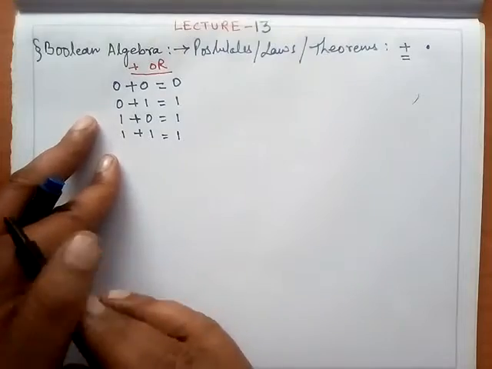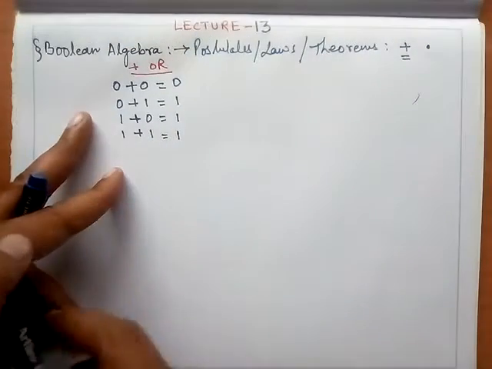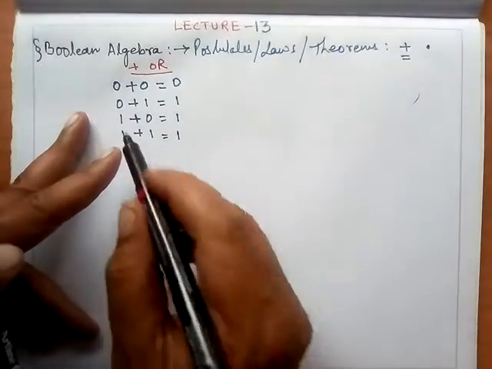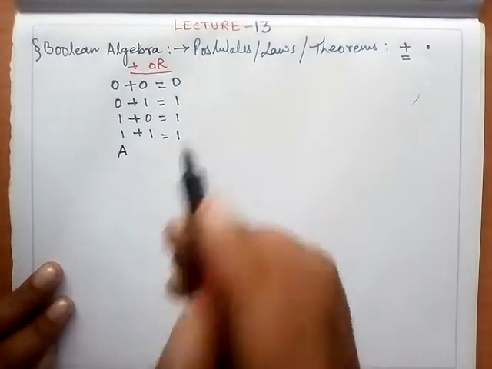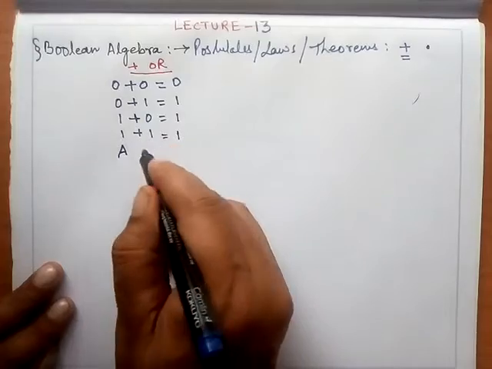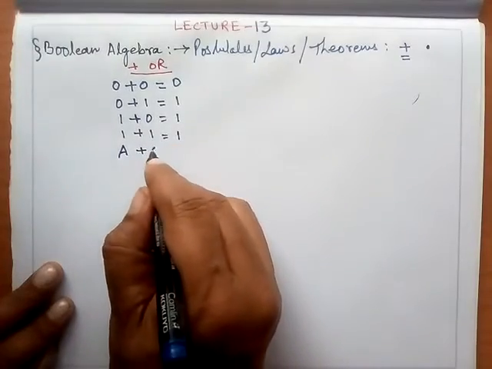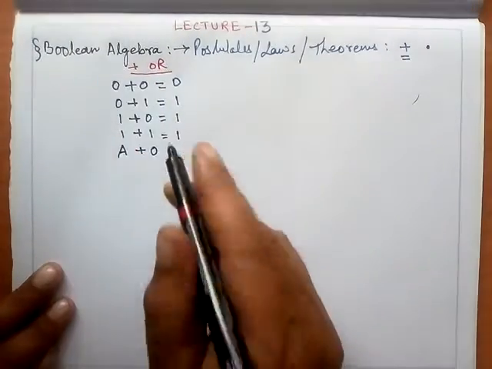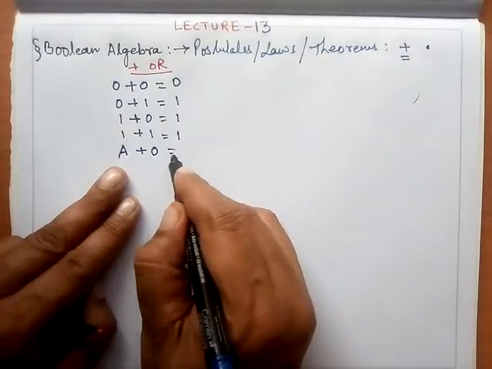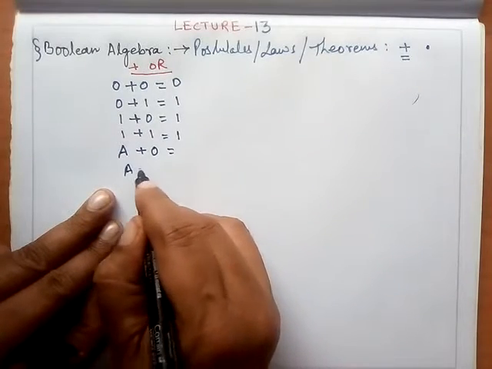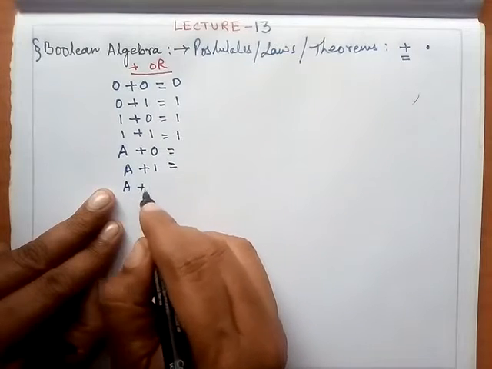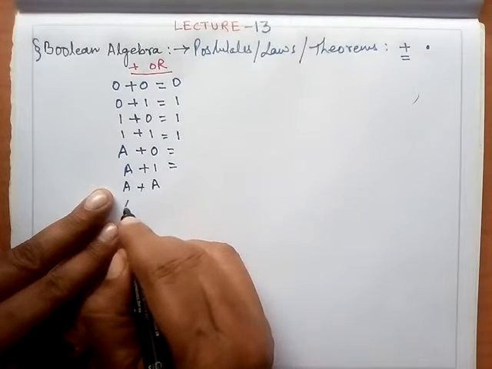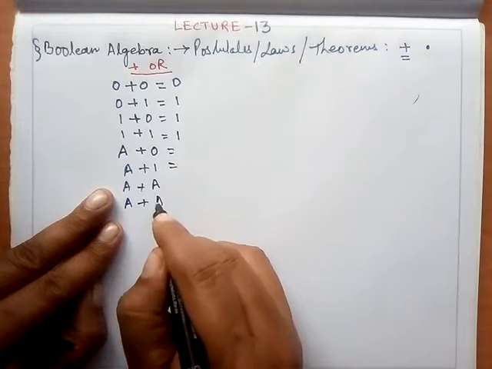Now let's take some of the rules or postulates for a single variable. Suppose I have a single variable A. Now there are four possibilities: A plus 0, A plus 1, A plus A, and A plus A complement.